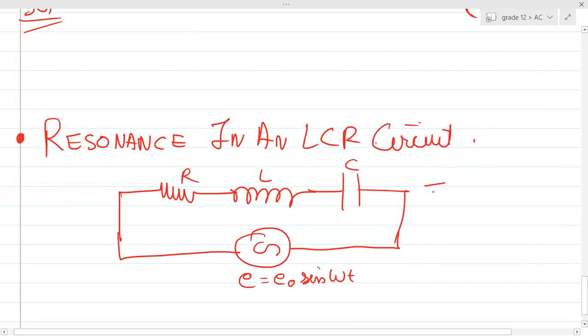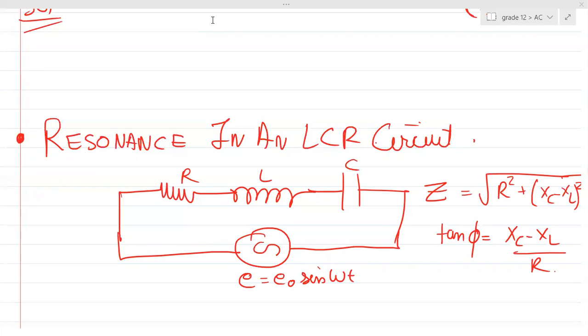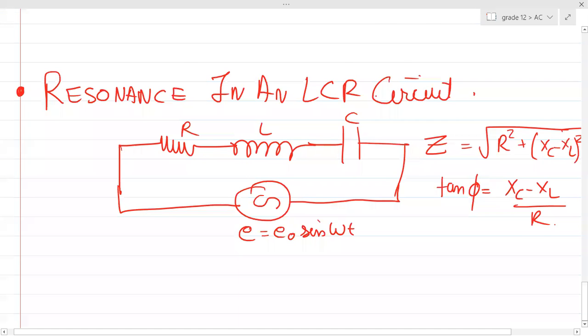So we know that the impedance in the circuit is given by under root of R square plus (XC minus XL) whole square, right? And tan phi is given by (XC minus XL) divided by R. So tan phi is equal to (XC minus XL) divided by R.